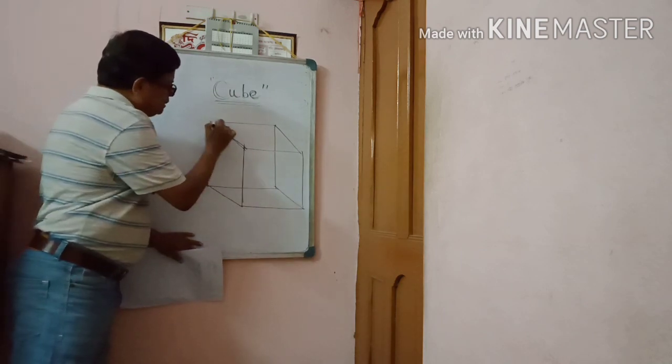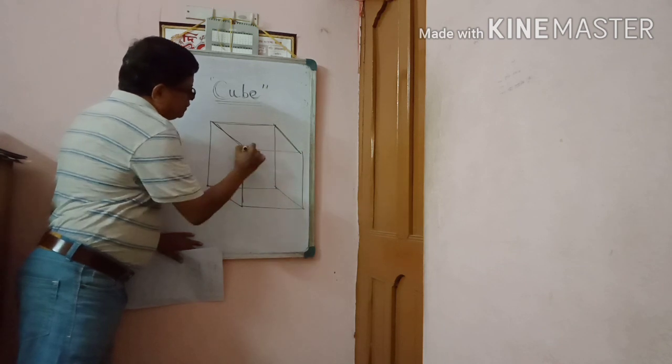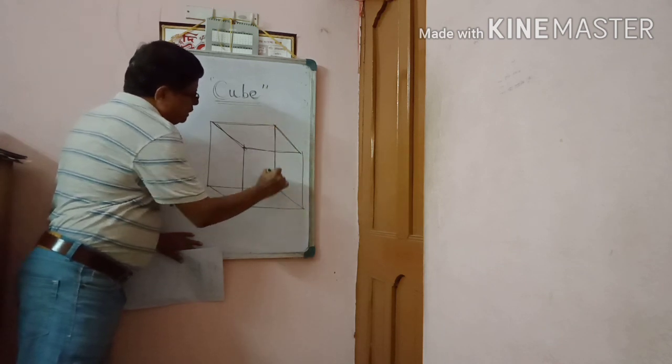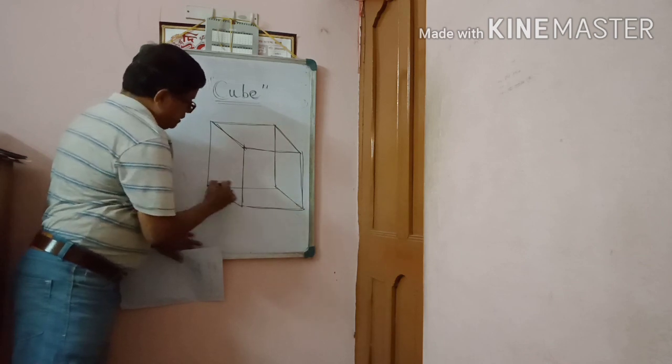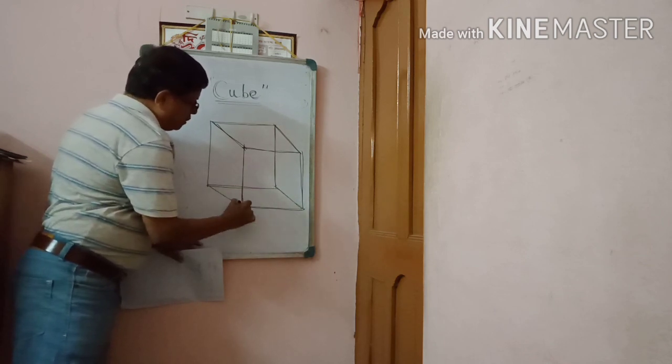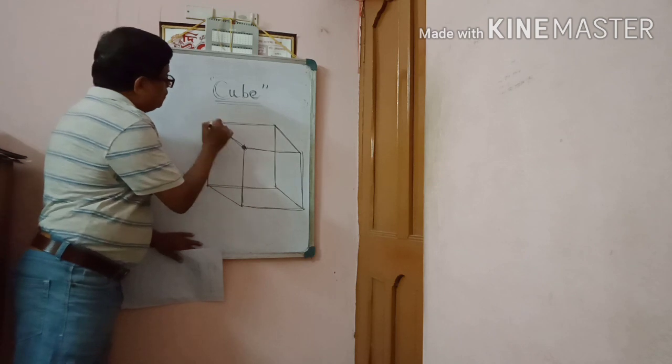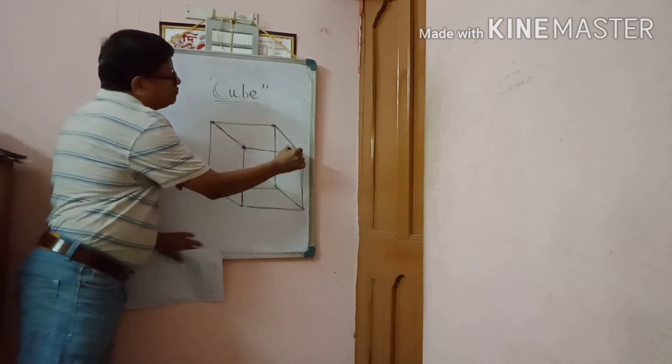This is the cube. Here length, breadth and height are all equal.